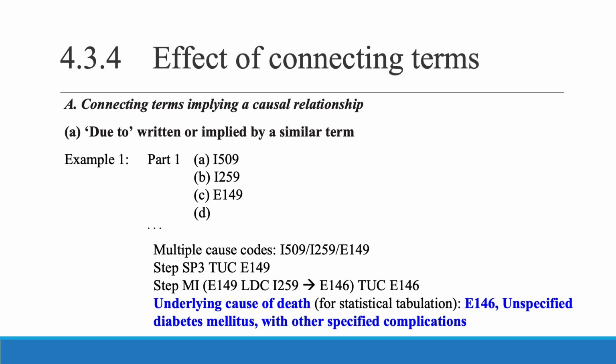There's a modification instruction at step M1 to combine that code when reported as a cause of I259 to yield a new tentative underlying cause of E146. There are no modifications after that, so our underlying cause of death for statistical tabulation from this certificate is E146, unspecified diabetes with other specified complications.